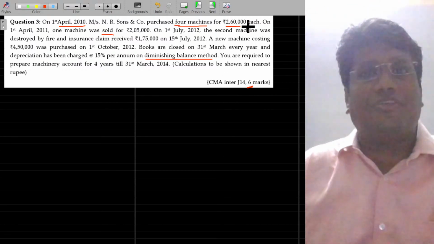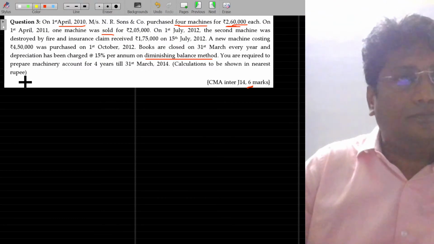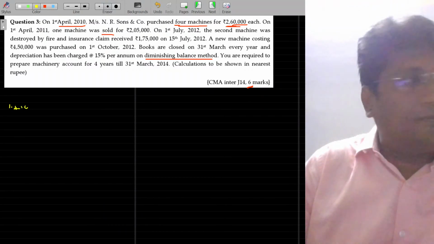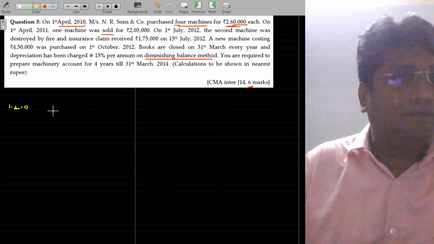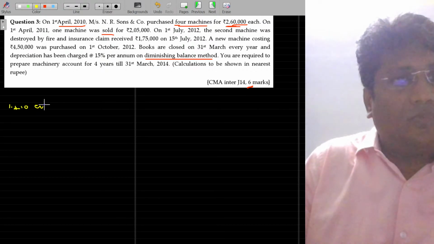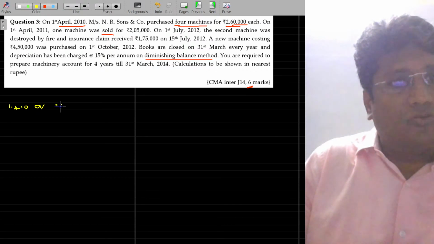Assume that we have 4 machines purchased at rupees 2,60,000 each on 1st April 2010. Original value 2,60,000.